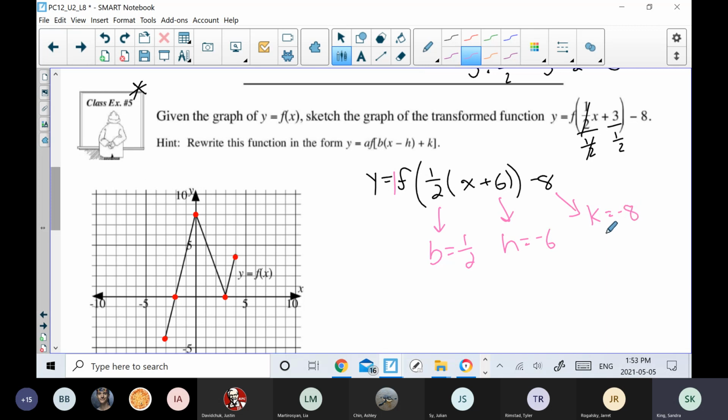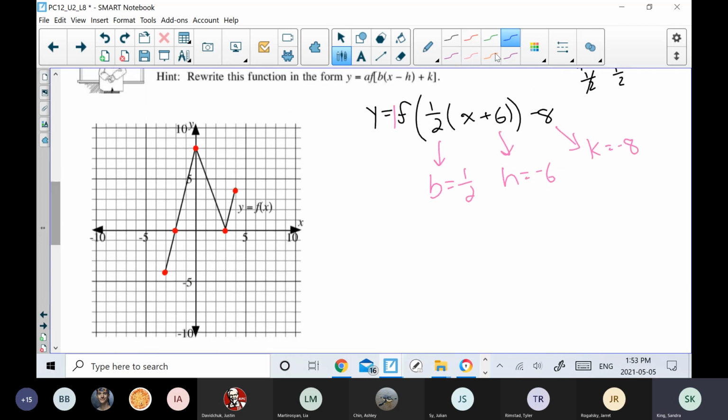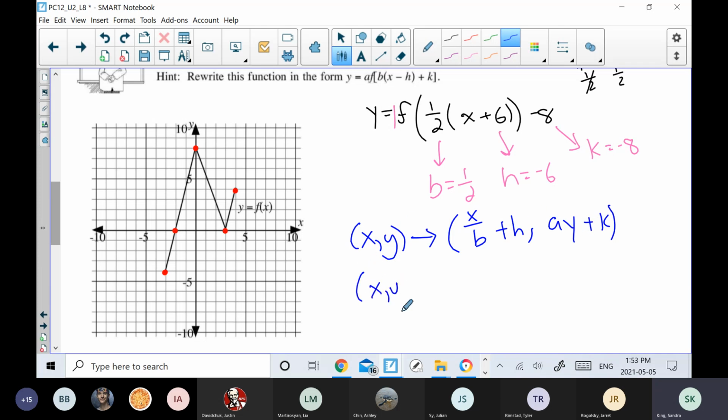The only thing I want to set up with you is what would the mapping be? Because if I gave you this on an exam, you would map it. So the mapping would be (x, y) goes to (x over B plus H, A times y plus K). So I always write down what the full mapping is. And then from here, I'm going to put in my parameters. (x, y) goes to, now, x over B. So I don't want you to write x over 1/2 because that looks really messy.